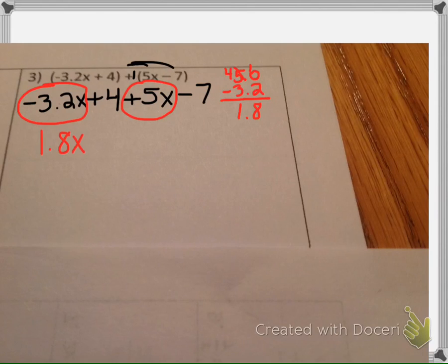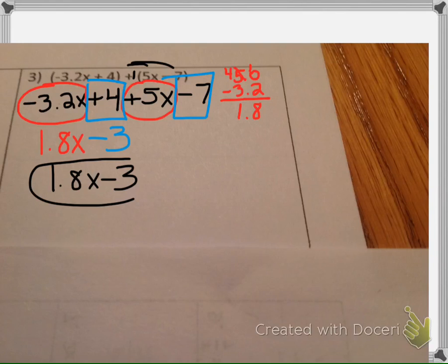Okay, and then my other like terms, we have positive 4 and a negative 7. Those are different signs, subtract. 7 minus 4 is 3, and it would be a negative 3 because 7's the larger number. So my answer there is 1.8x minus 3.